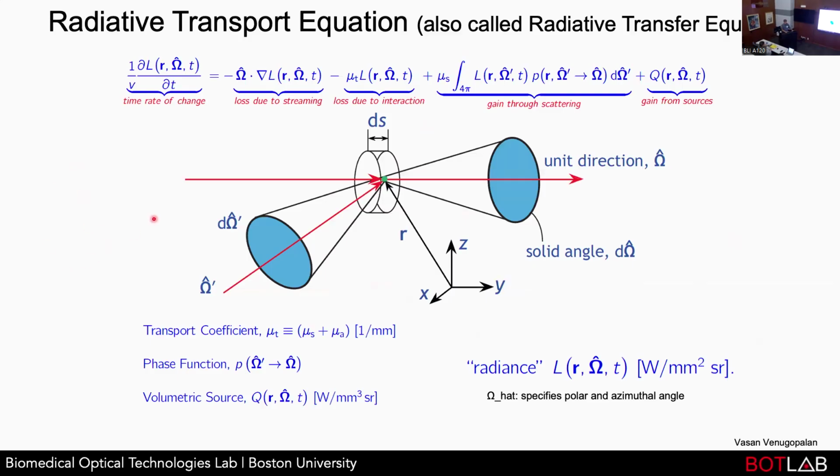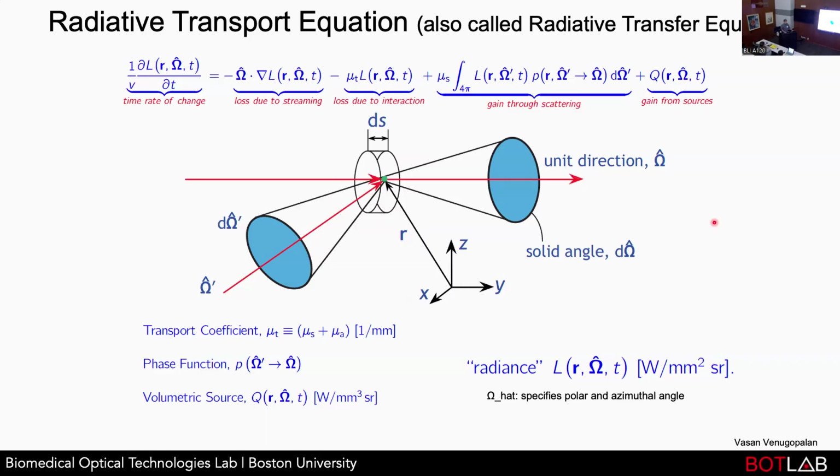If you care about radiance and photons traveling in a specific direction at a specific location, that time rate of change is due to streaming, loss of interaction from absorption, gain through scattering, where a photon from a different direction can move into your unit direction of interest, and gain from sources. So I consider this the mother equation, although you might say Maxwell's equations are really the mother equation.